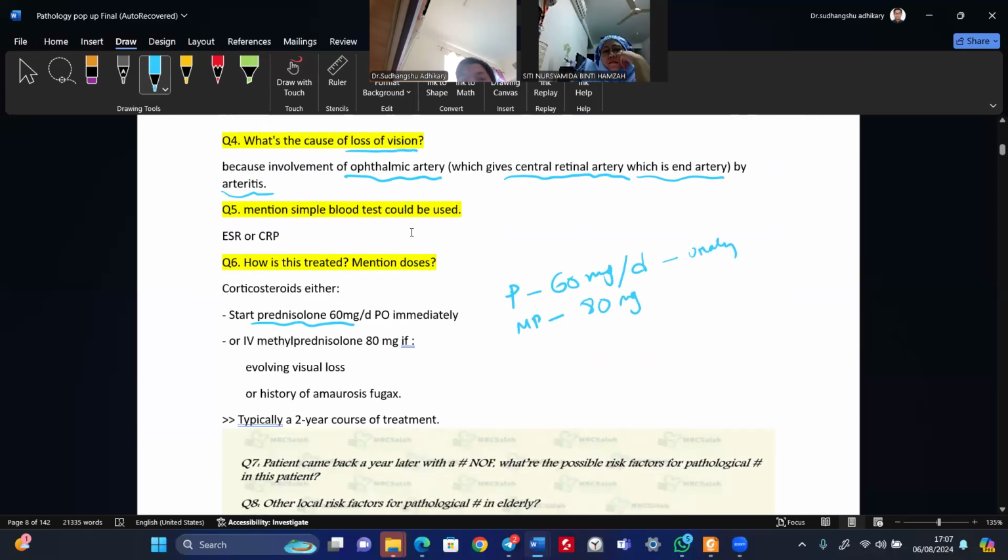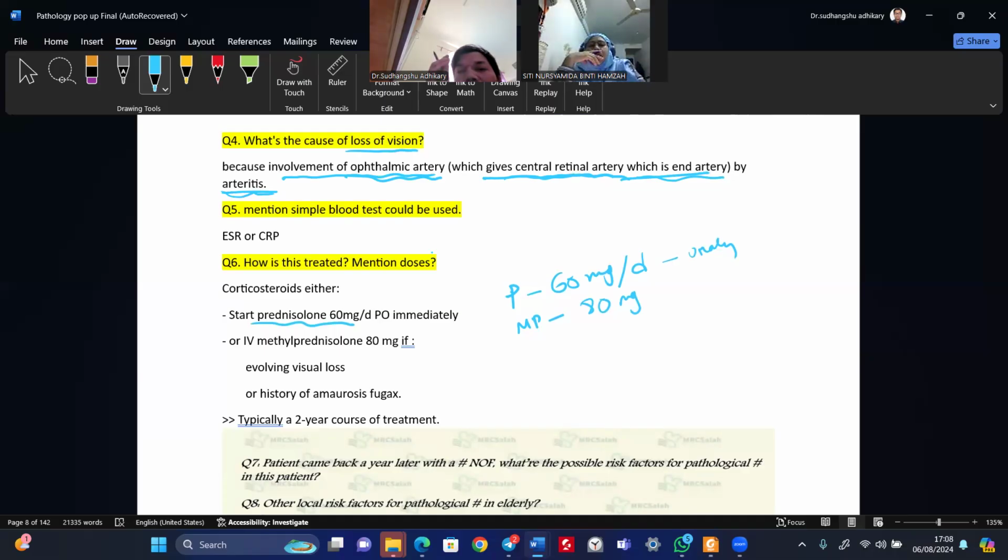Then what is the cause of loss of vision? Because they involve the ophthalmic artery, and the retinal artery is an end artery. So there is no branching, no blood supply, and loss of blood supply to the retinal artery, because of involvement of the ophthalmic artery, which gives off the central retinal artery. Why is there loss of vision?